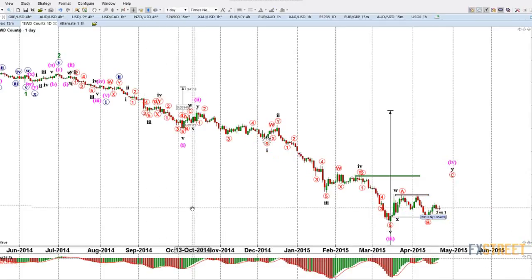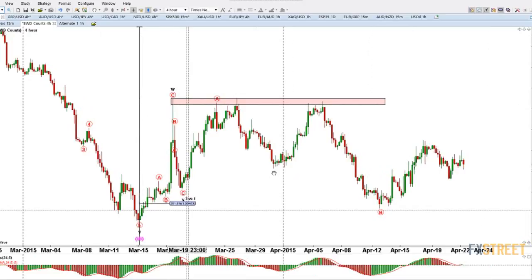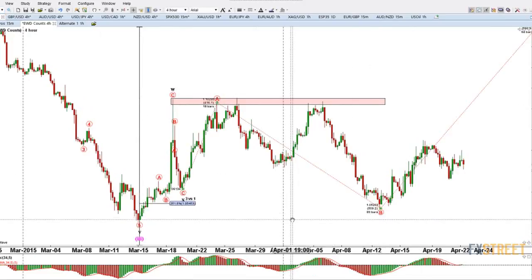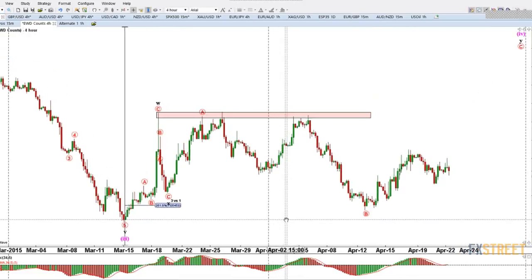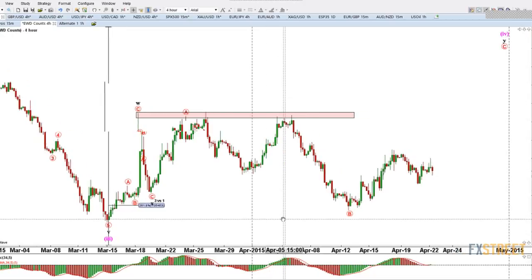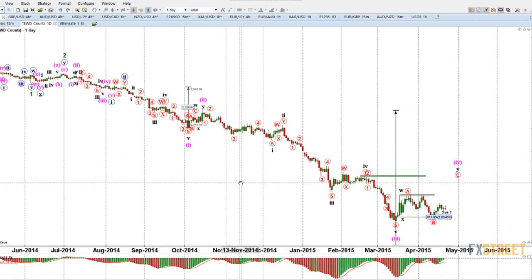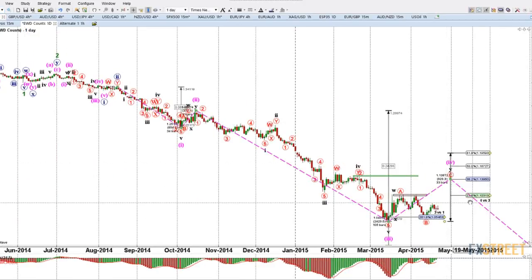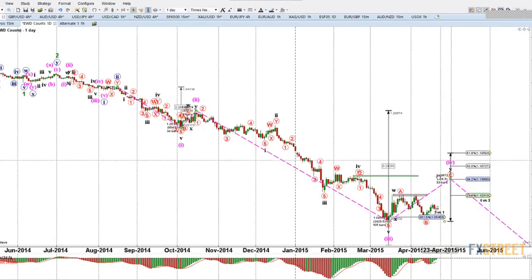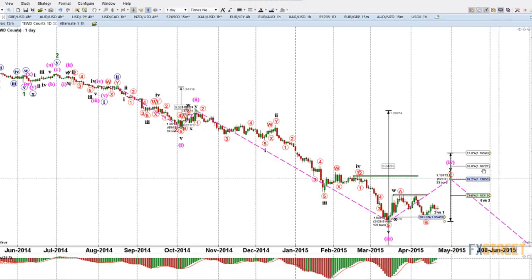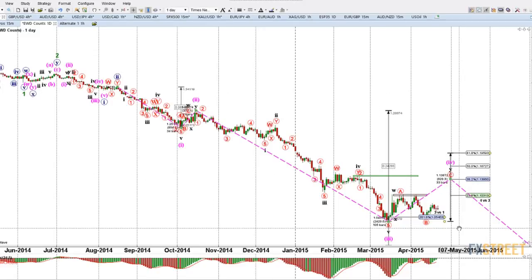Let's continue. Let's go to the 4-hour chart, where we are getting closer to the actual market to create our trading plan. So what's the plan? Well, let's go back quickly to the daily. We think that the magenta wave 4 is going to end in the 113.80, 114.30 area. Why? Because wave theory says that the wave 4 most of the time is going to end at the 38.2% retracement of the wave 3.